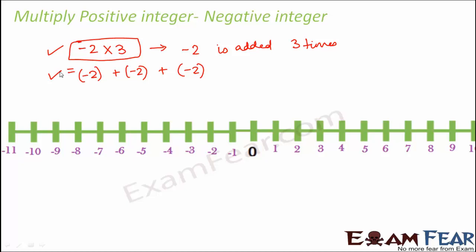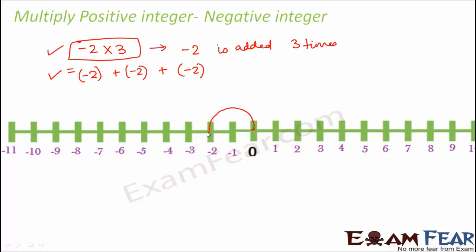So whenever you are multiplying two integers, that actually means that minus 2 is added these many times. Now instead of adding it so many times, we just multiply it so that our job becomes simpler. Now let us say I ask you to add minus 2 for 3 times, where will you go? You will start adding minus 2 from 0, because from 0 to minus 2, this is one time.